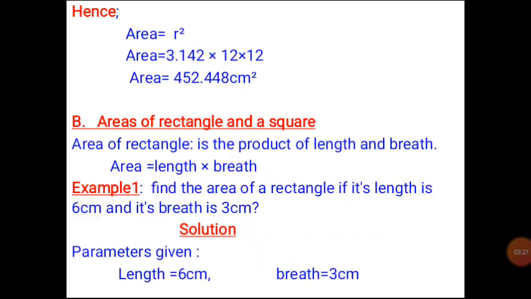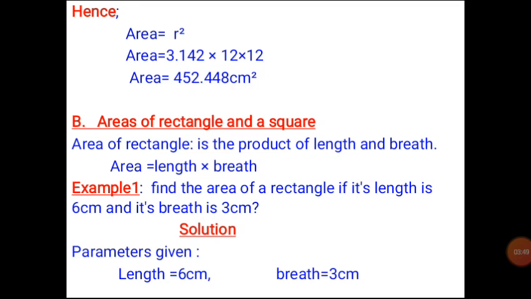Now, on our next slide, we have the solution. Hence, area is equal to pi r squared. Therefore, area is equal to 3.142 times 12 times 12, and that is area equals 452.448 centimeters squared. So that is the solution to that particular example.